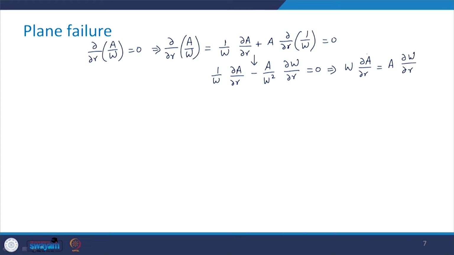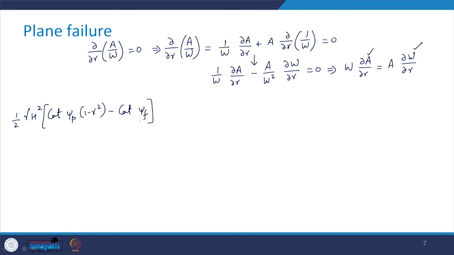Now, we have the expression of A and W with respect to r. So, we differentiate it and then we get half gamma h square cot of psi p 1 minus r square minus cot of psi f.